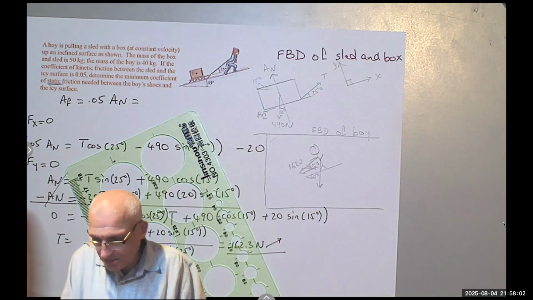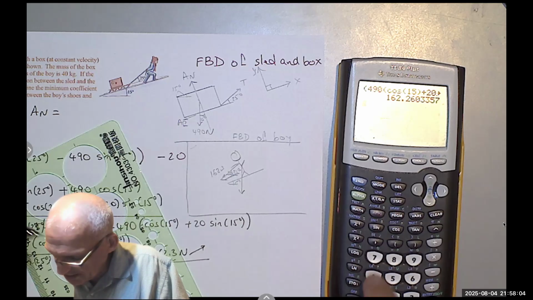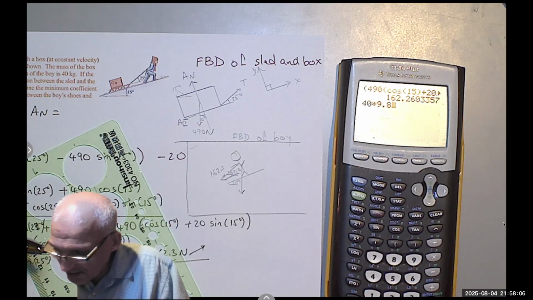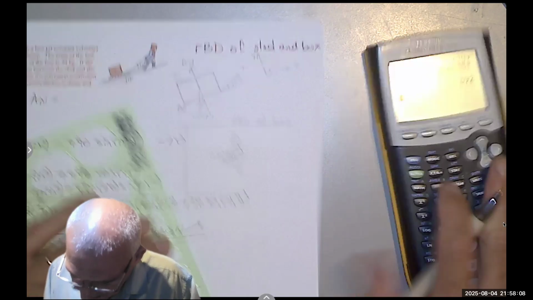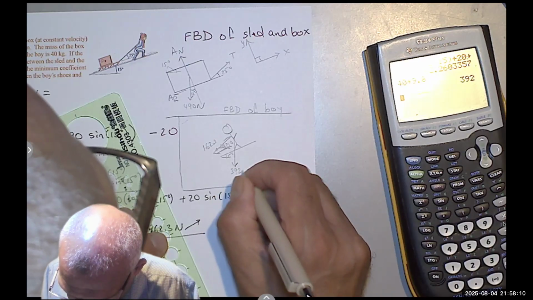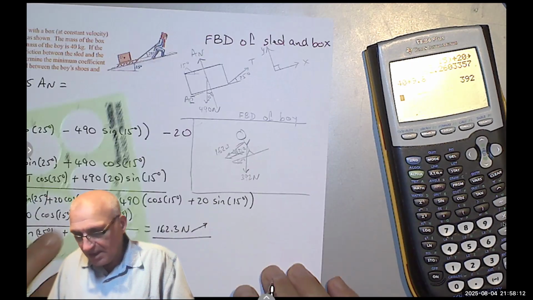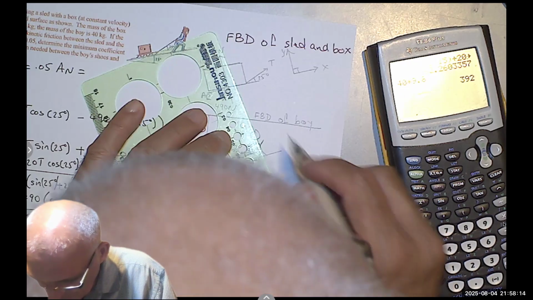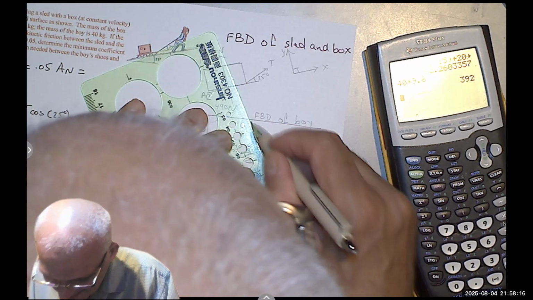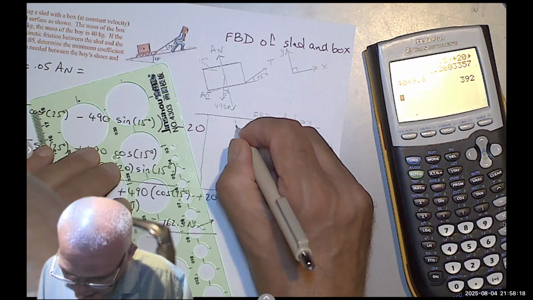So 40 times 9.8, 392 Newton. Normal force is going through his head. B for boy, B sub n.